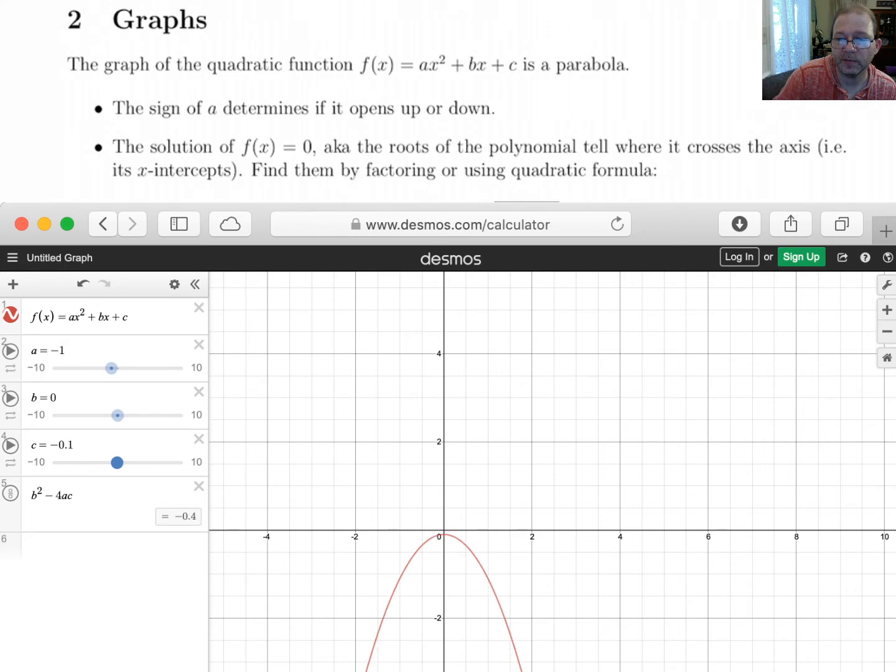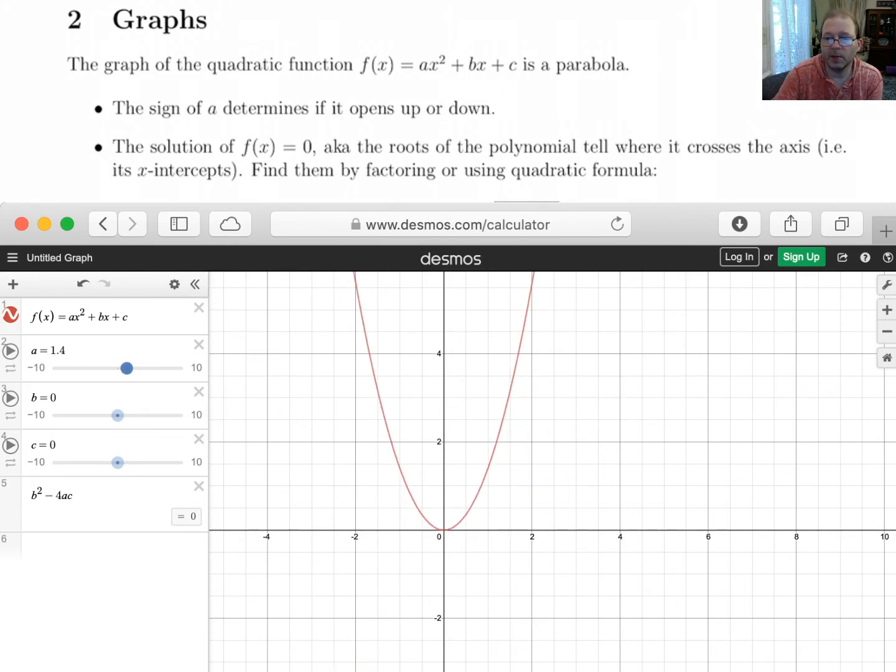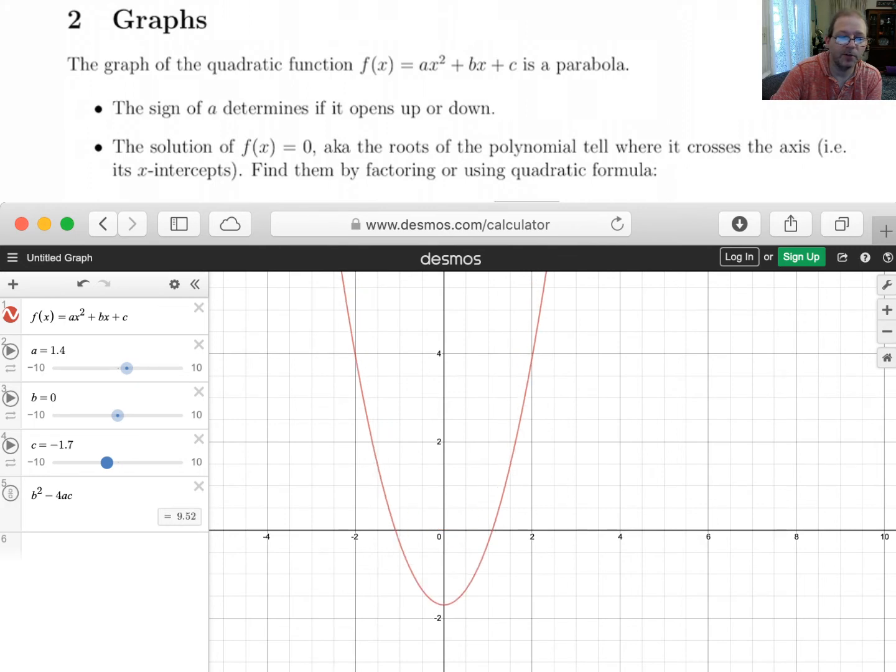And if I move this up to here, note right when it touches the axis, we only have one x-intercept, and the discriminant's 0 there. And this works the same if I make my a positive. Up here, the discriminant's 0. If I move it up, the discriminant's negative now because there are no places where it crosses the x-axis. And if I drop down here, it becomes positive.